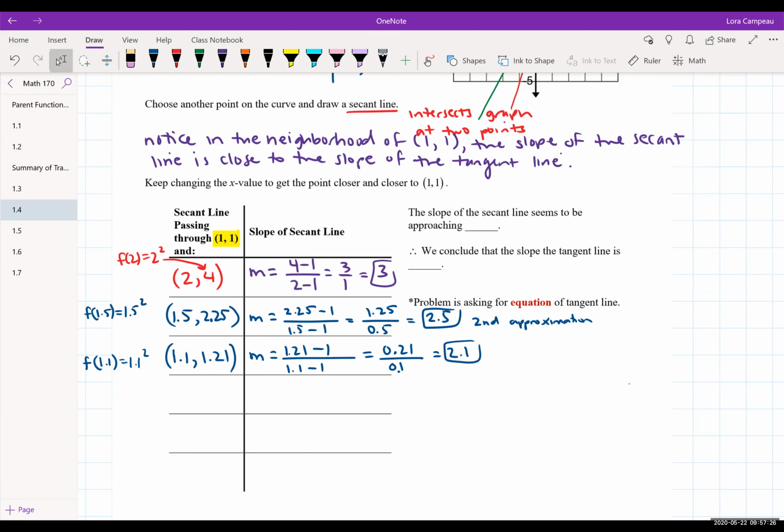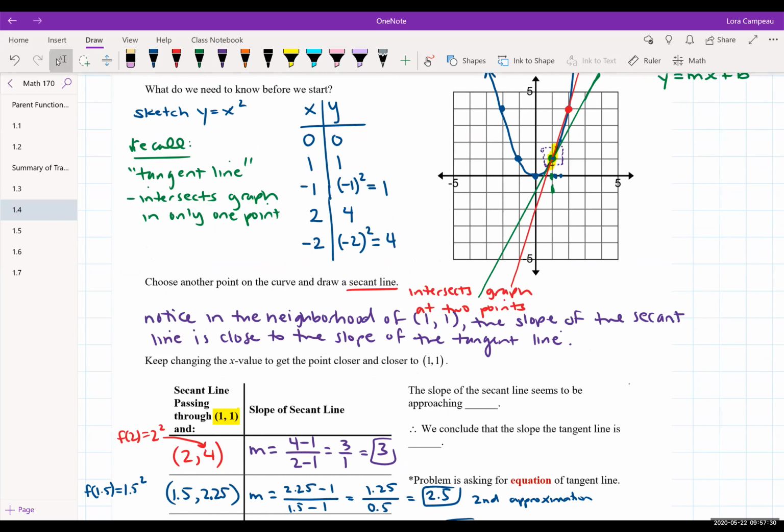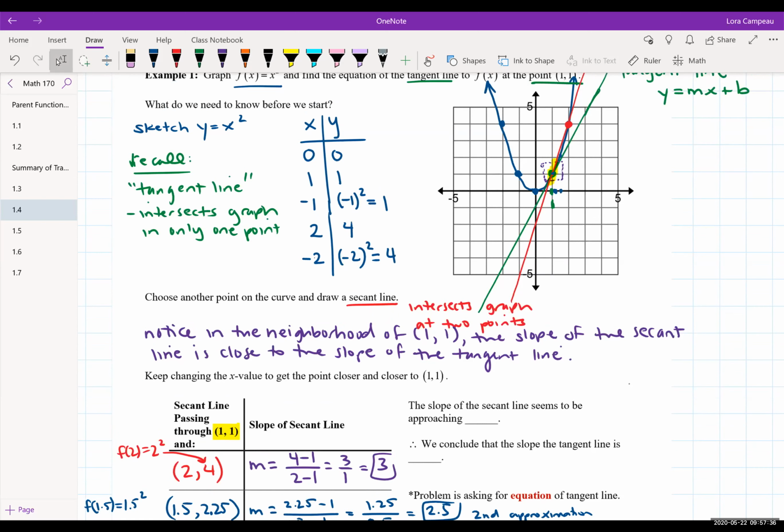So I want to take it from the other side. I want to see what happens, and maybe I'll go in orange. I don't know if it's a little hard to see here. But let's look at what's happening on the left side of the number 1. So instead of going through 0.5, let's get really close. Let's go to 0.9.